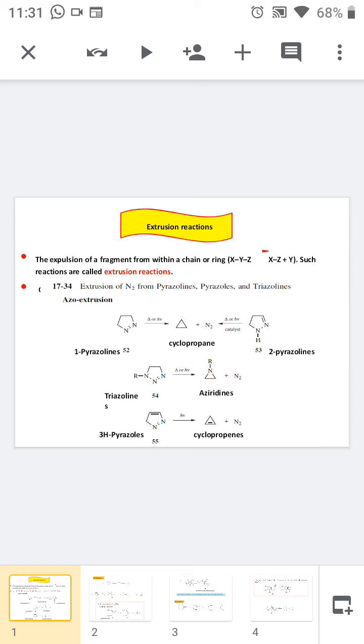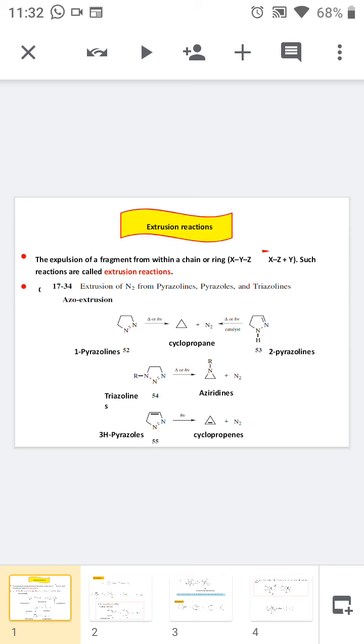So usually a neutral molecule like nitrogen, carbon monoxide, carbon dioxide is eliminated from the starting material. So we have to study the nitrogen extrusion reaction, carbon monoxide extrusion reaction and carbon dioxide extrusion reaction.